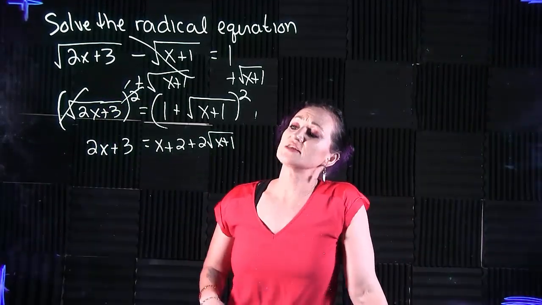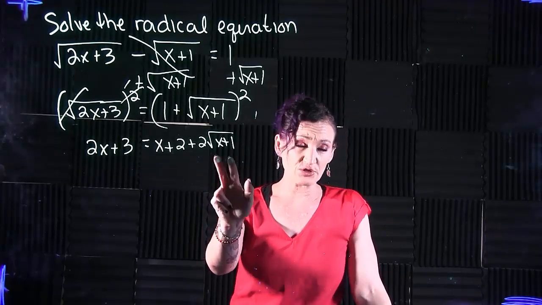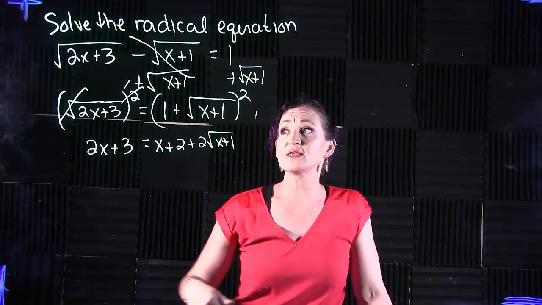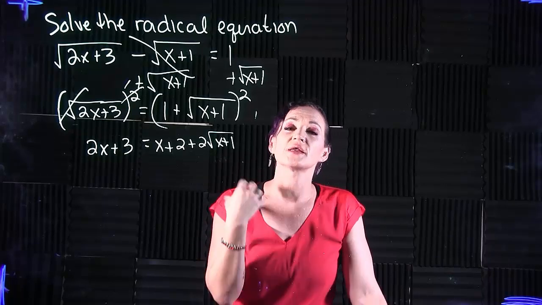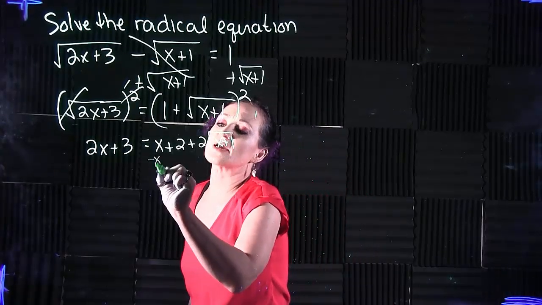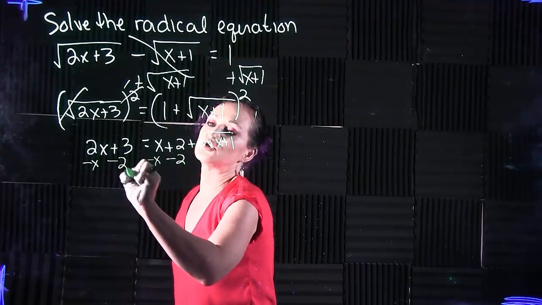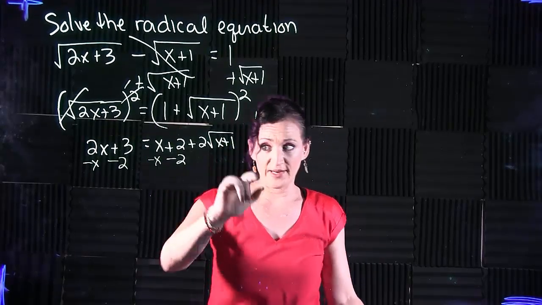Now we need to keep solving this equation here. Do note that we still have a radical in the problem. And if you still have a radical in the problem, you're not done squaring. But we kind of need to start from the beginning and isolate the radical, get it as much by itself as possible. Which for us means, let's move this x over. We're going to join it with the x's over here. And let's move this 2 over. We're going to get rid of that so that we're left with our radical part here.